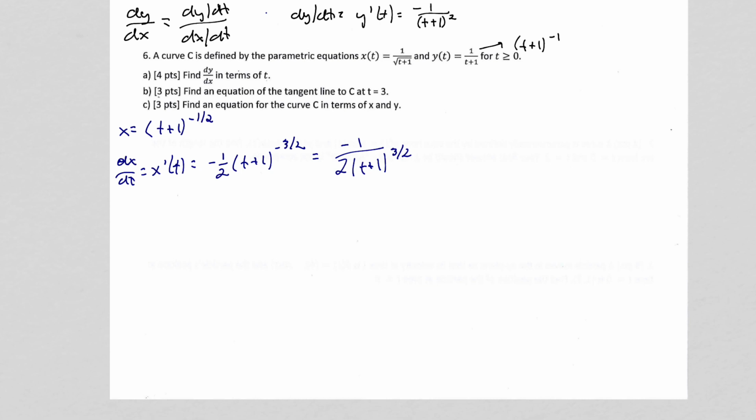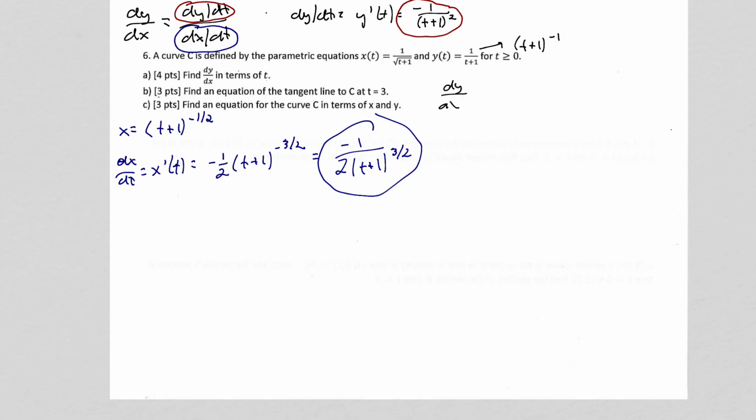So I'm going to circle dy over dt in red. It's going to go here. And then I'm going to circle dx over dt in blue, and that's going to go here. So what I need to do is divide the red one by the blue one. So let's go ahead and do that.